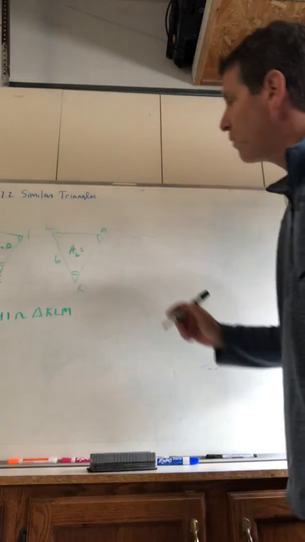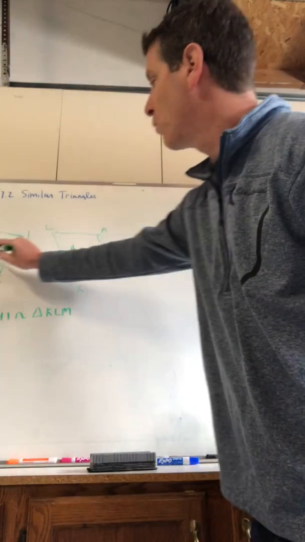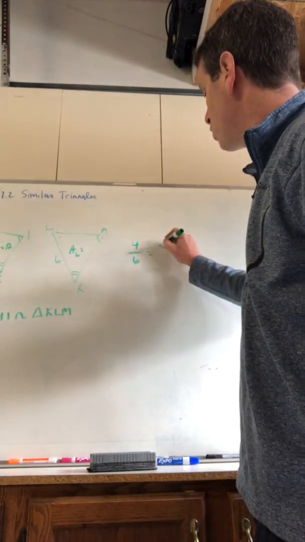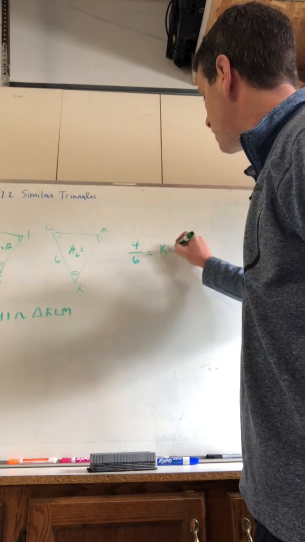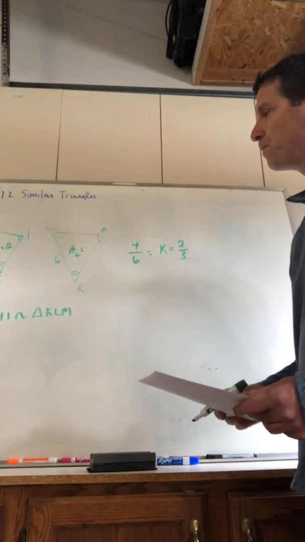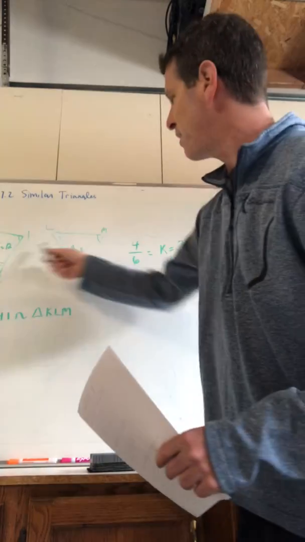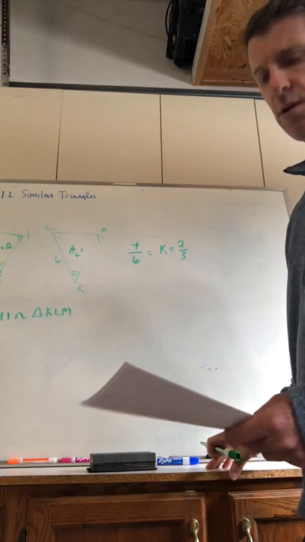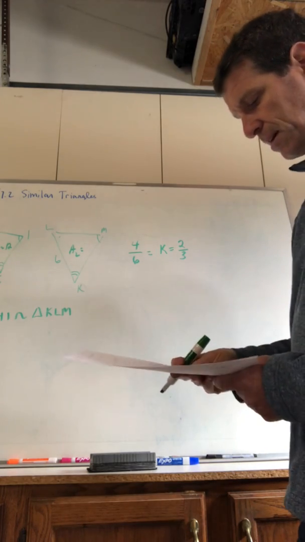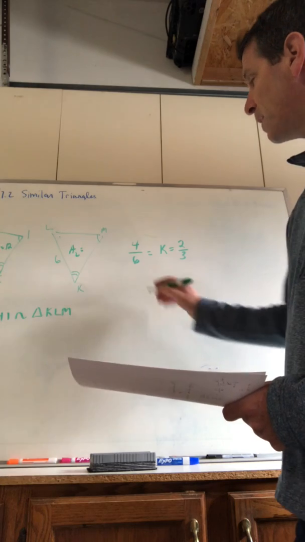All right, let's figure out our scale factor here. So we have 4 to 6, which in lowest terms, our scale factor is 2/3. We don't have the other sides to work with. We can only work with the one side in this case. So let's plug this into our formula.